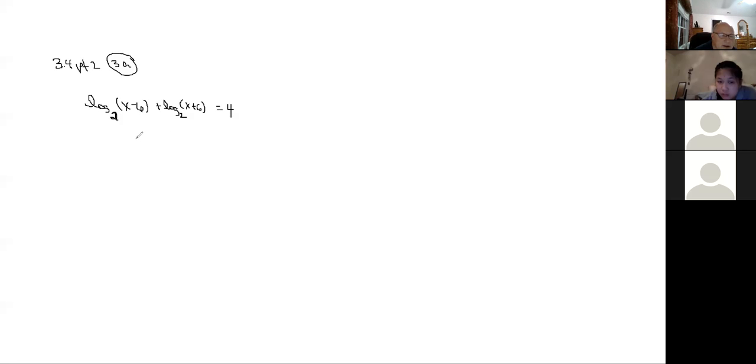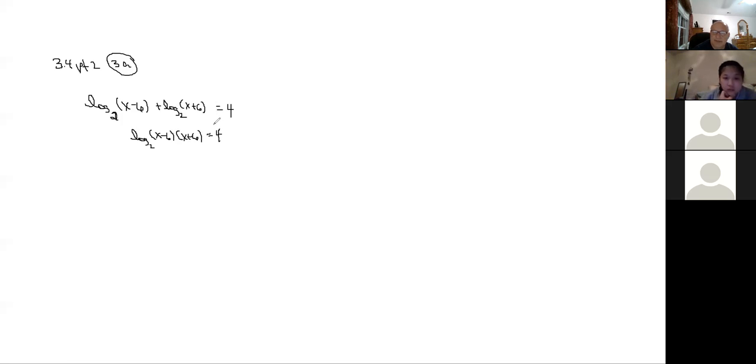So it'll be log base 2 of x minus 6 times x plus 6 equals 4. And we did exactly what we did a while ago with the product rule. This is log plus a log, so it's the log of the product. There's no denominator because there's no minus.